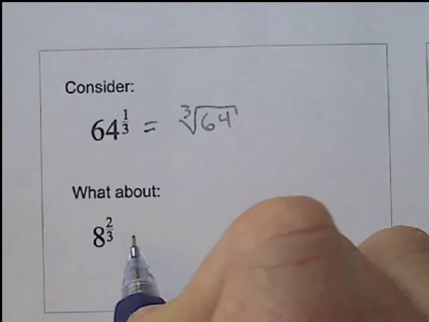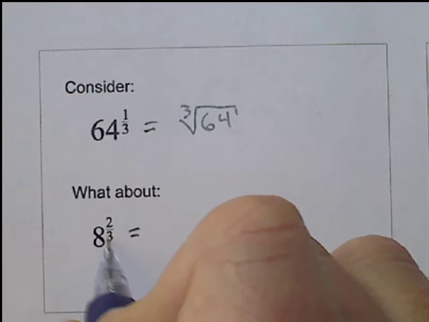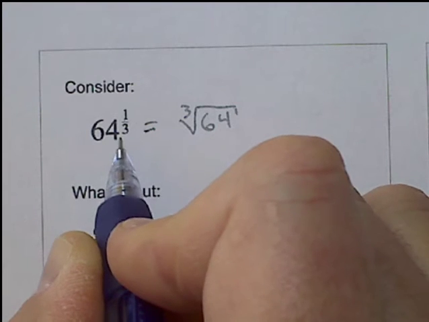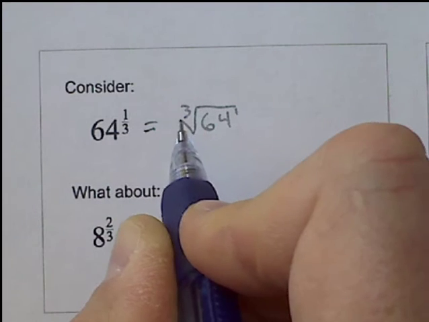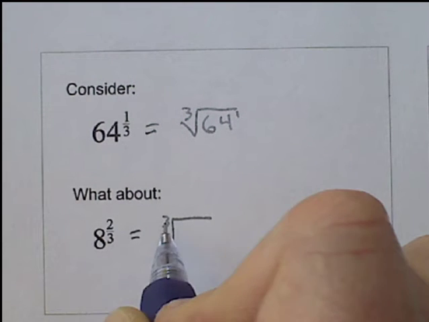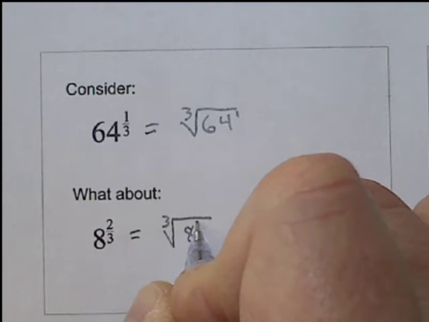We should know where the 3 goes. Where's the 3 going to go? So it's going to be the cube root, because the 3 moves to the outside with the radical, then 8, and then 8 to the 2nd.